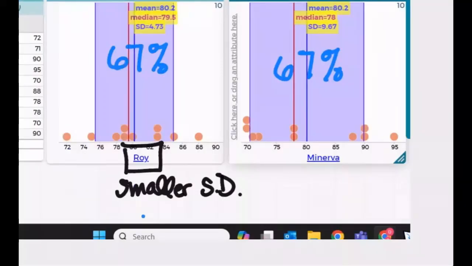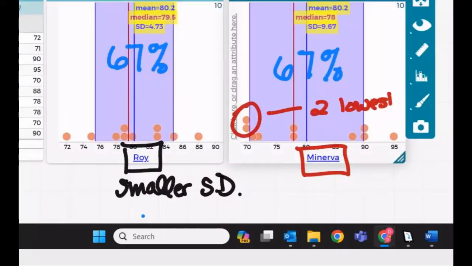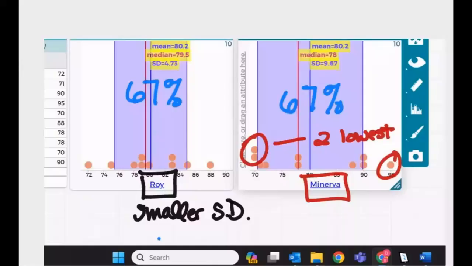But maybe some of you are looking at Minerva and saying, hey, she actually has 2 of the absolute lowest scores. Okay, yeah, maybe she's got some high scores too, but hey, every once in a while she gets some really low scores.